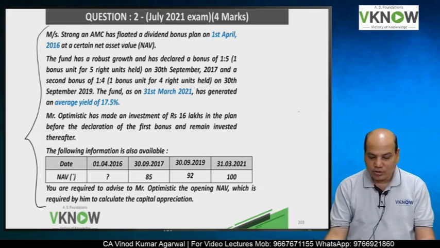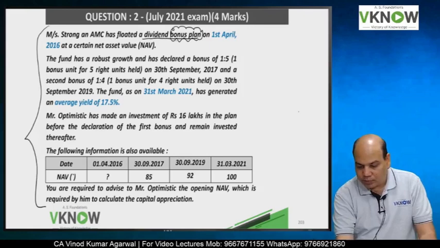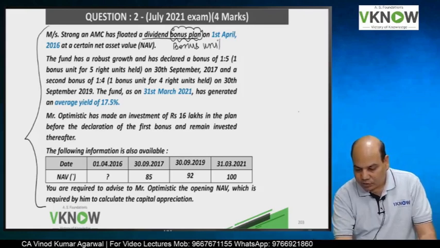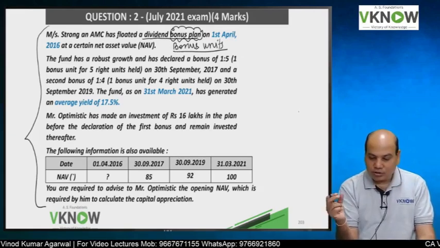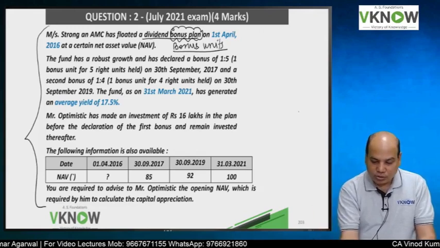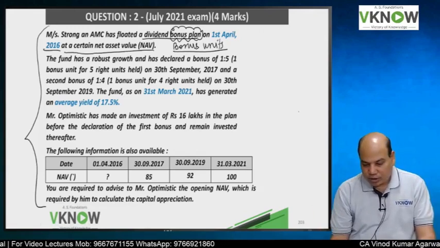Mr. Strong's AMC has floated a dividend bonus plan. In this question, they will get bonus units. In the previous question, they had reinvested the dividend. Now here you will be given bonus units on 1st April 2016, at a certain NAV.